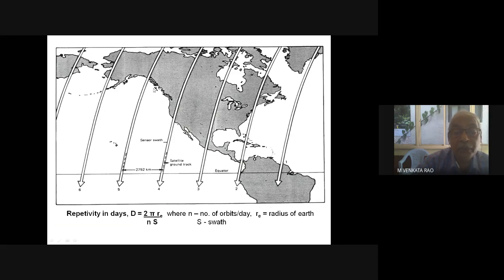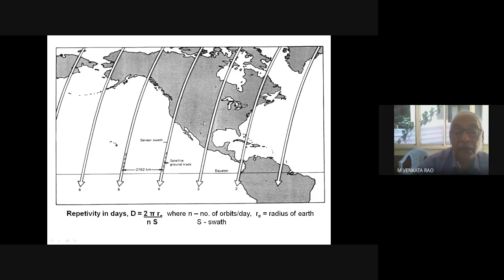Basically, how the repetitivity happens is, the satellite goes over the earth and takes images. Suppose today morning in 1 orbit it has gone over this area. Then it goes down the earth, and again comes back. Because the earth is rotating, to make 1 orbit around the earth it will take about 100 minutes.